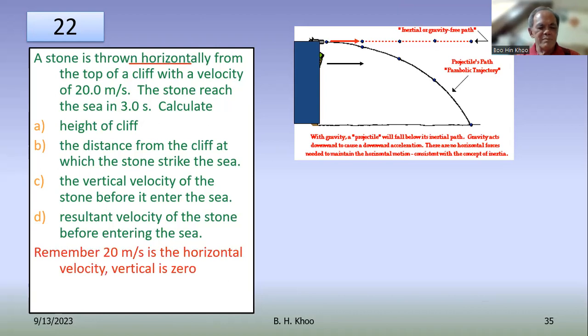Remember, 20 meters per second is the horizontal velocity, so the initial vertical velocity is 0. Right? 20 is the horizontal velocity, not vertical. That is your range. Right? So the range should be from here, where the ball starts out. That's the vertical height.